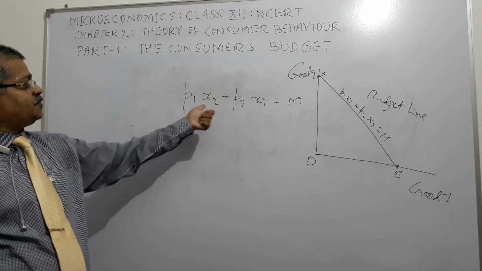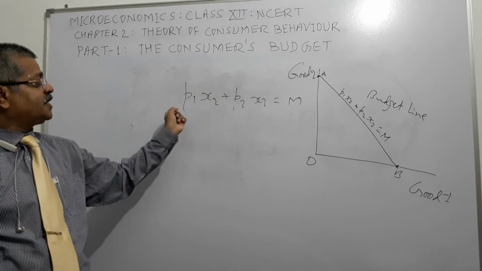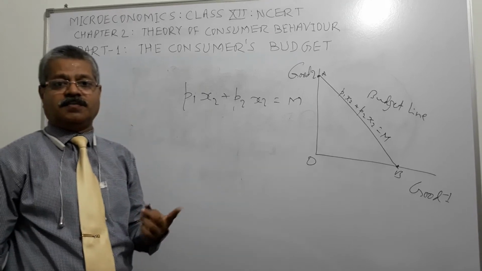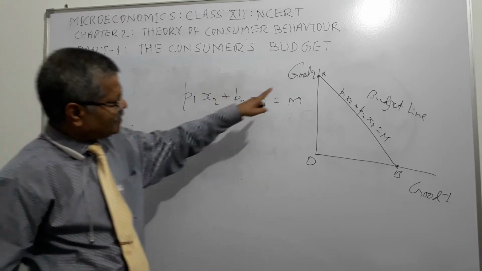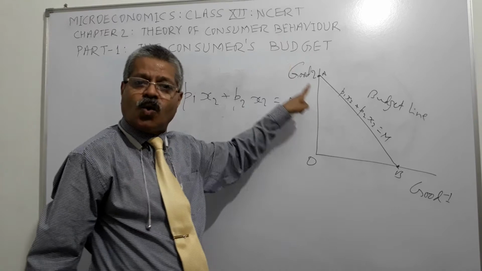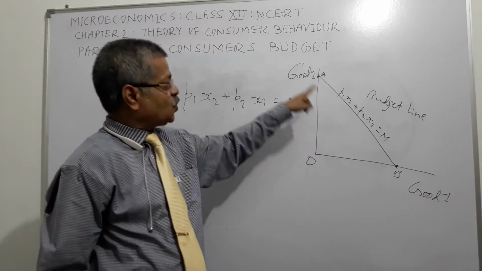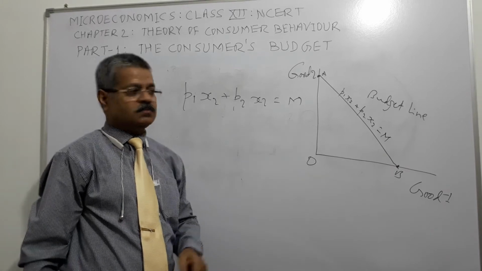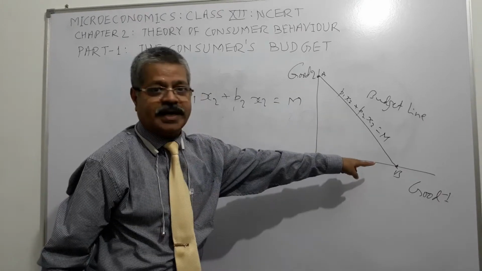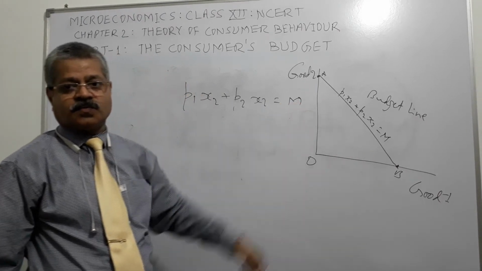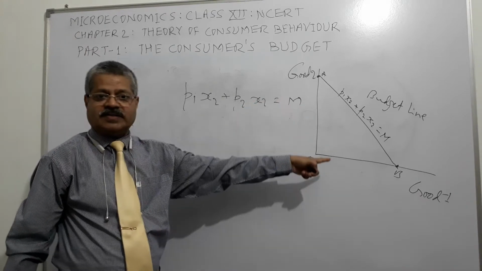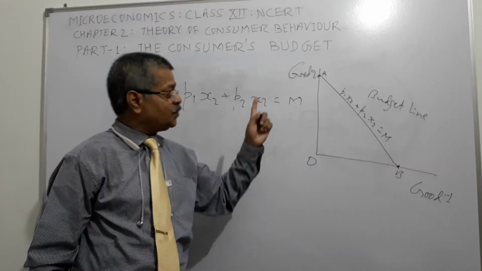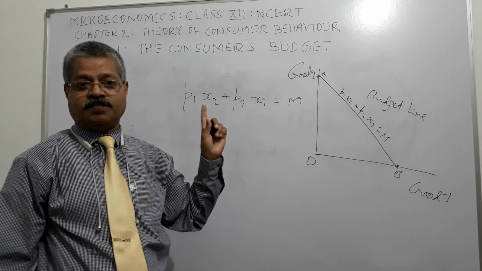The budget line is P1x1 plus P2x2 is equal to M. This line consists of all bundles which cost exactly the income of the consumer, M. Any point you take on this line consists of bundles which cost exactly M.